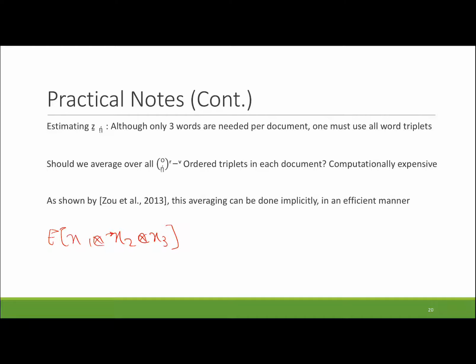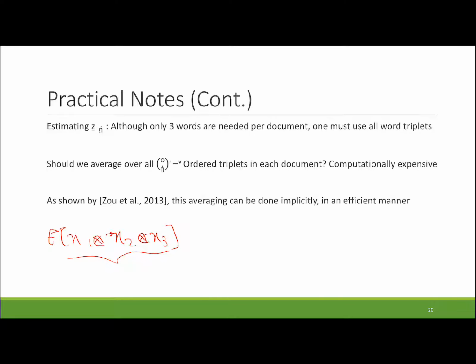Because of the exchangeability assumption, it seems that if we only use the first 3 words in the document, that's going to be enough for us to estimate this expected value. But in practice, we shouldn't do that. We should use all the words that appear in the document.